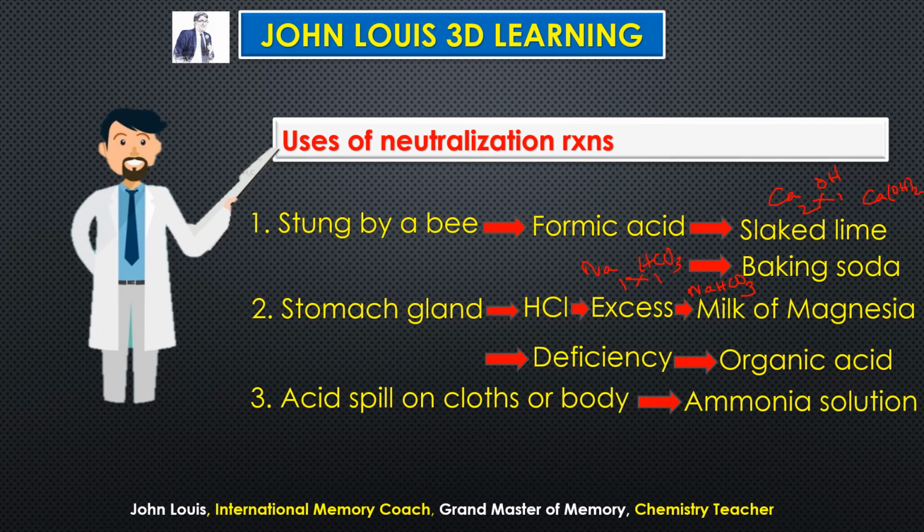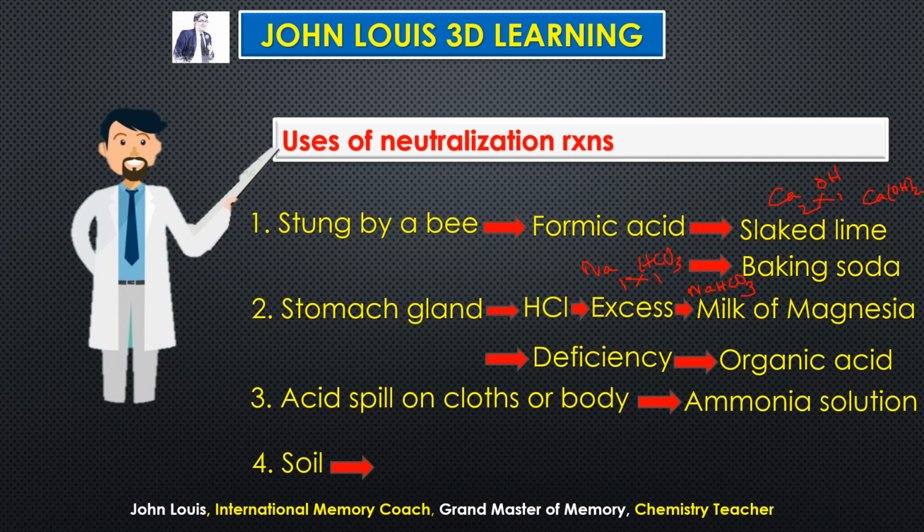It is used only for mild accidents like that. Suppose more acid is spilled, you should not pour ammonia. We have to take them to a doctor immediately and medical attention should be given. So it is only for a small amount of acid spilled on clothes or our skin. Only then can ammonia solution be rubbed on the place where acid spilled.